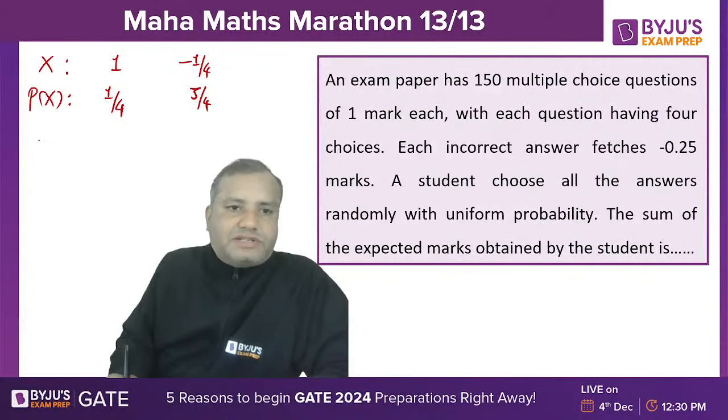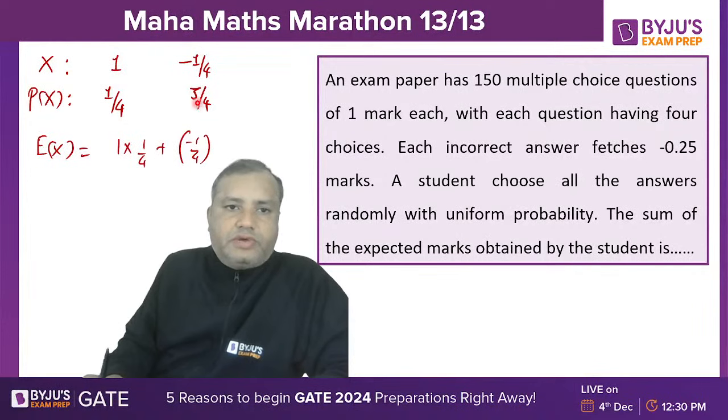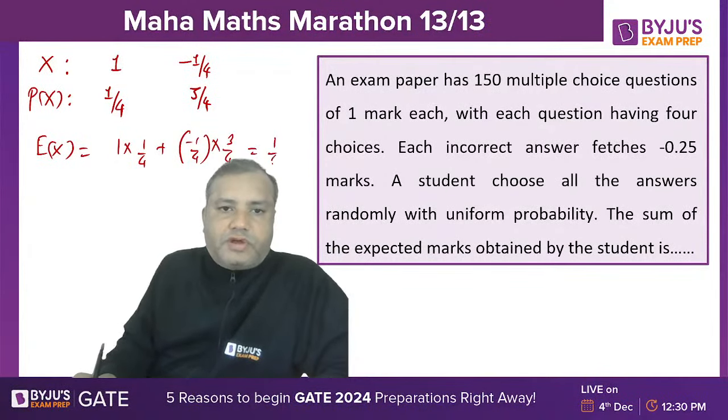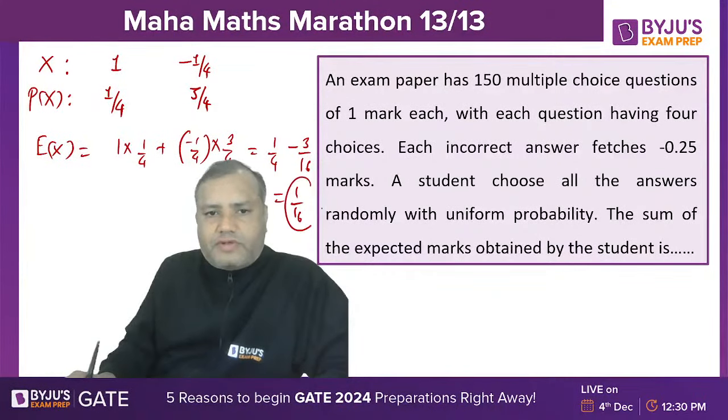So expected marks scored on one question, or average marks scored on one question, will be the expectation of x. x into p of x: 1 into 1 by 4, then minus 1 by 4 into 3 by 4. So 1 by 4 minus 3 by 16. 1 by 16 will be the marks scored on one question.